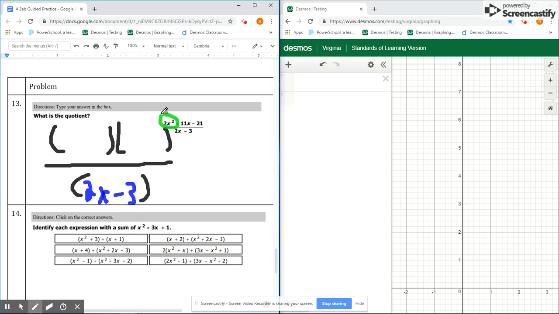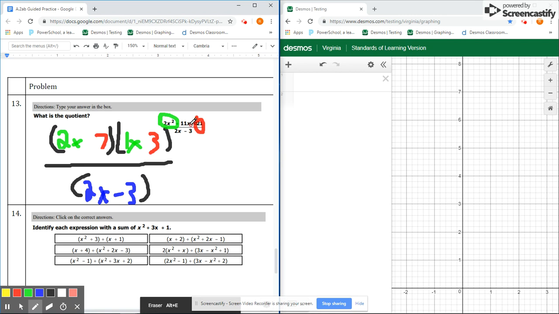So think, how can we get 2x squared? Well, that's 2x times 1x, all right? Think, how can we get 21? That's 7 times 3, all right? And how can we get a negative? That's going to be plus and minus. Okay?